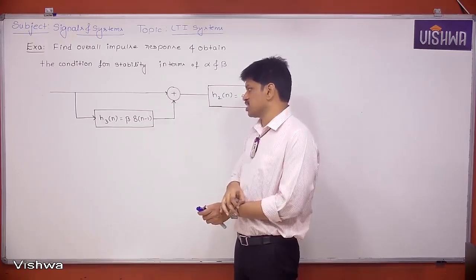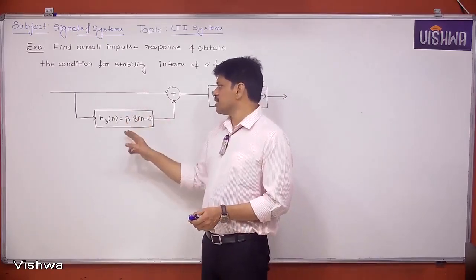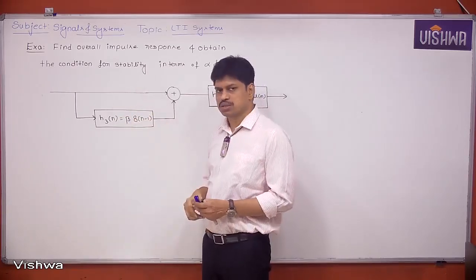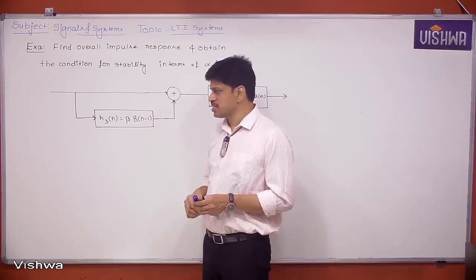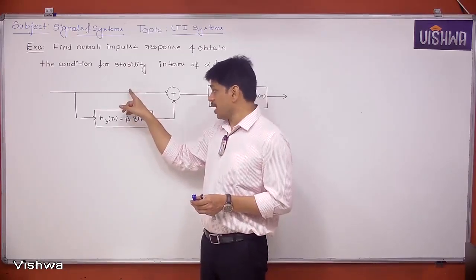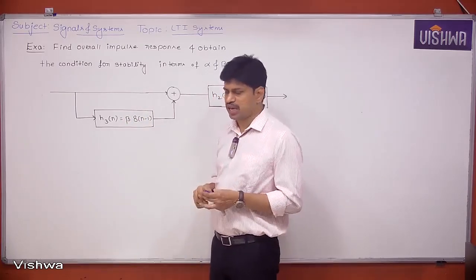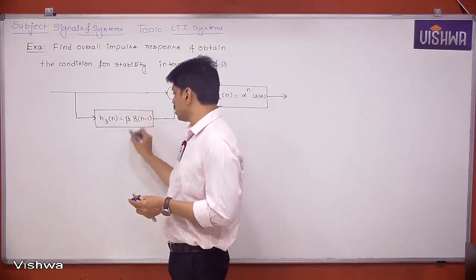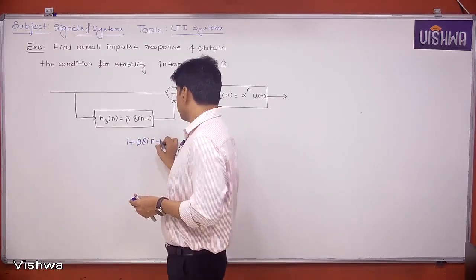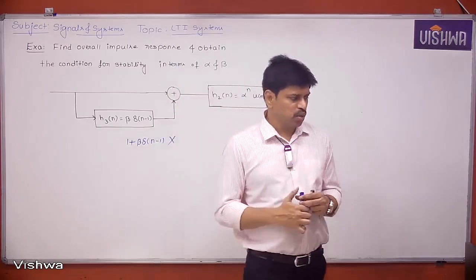Now, if I ask what is the overall impulse response of these two parallel blocks, definitely everybody will say, this is having beta delta n minus 1, and this is having 1, so 1 plus beta delta n minus 1. Many people think that. So this overall system having impulse response 1 plus beta delta n minus 1 is absolutely wrong. Why is it wrong?